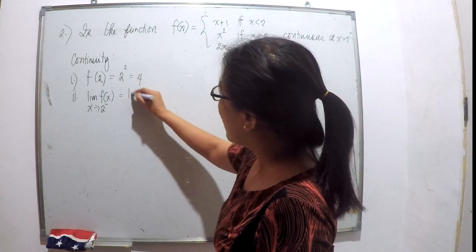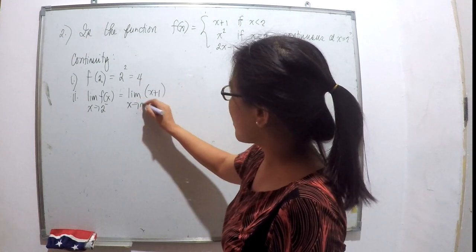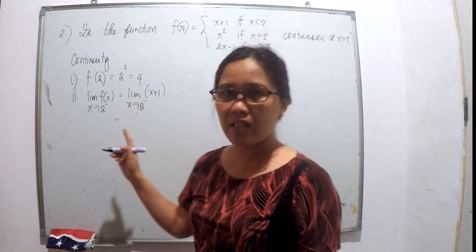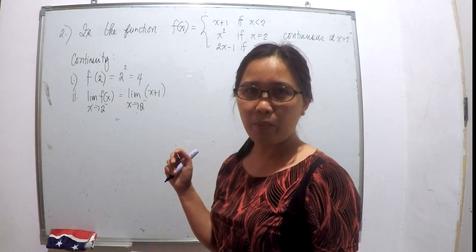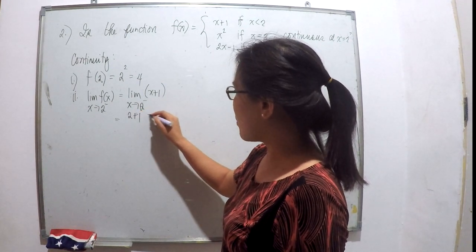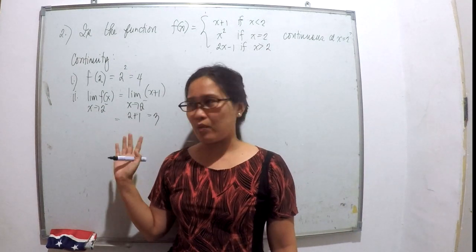So we have the limit of x plus 1 as x approaches 2 from the left. Since this is linear, we can directly substitute 2 for x. So 2 plus 1 is equal to 3. Our left-hand limit is equal to 3.